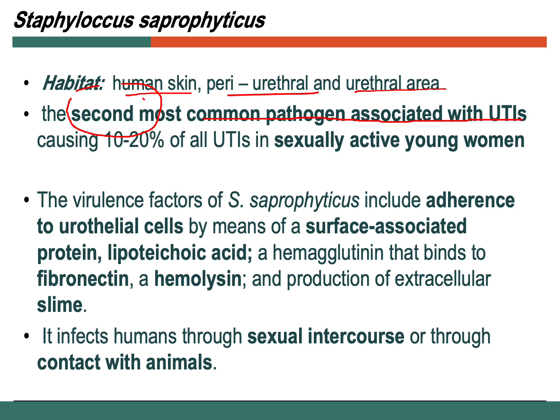This is commonly seen among sexually active young women. The virulence factors of Staphylococcus saprophyticus include adherence to the urethral cells by means of surface-associated protein and lipoteichoic acid, and also hemolysin and production of extracellular slime. It infects humans through sexual intercourse and contact with animals.